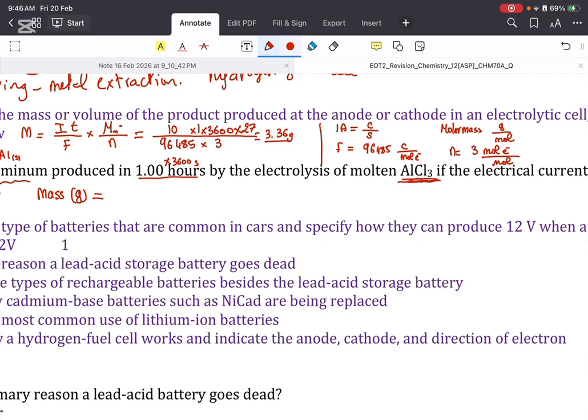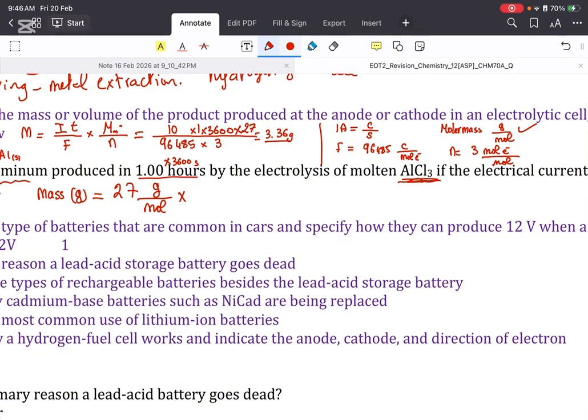I need mass. The molar mass is the one containing gram per mole, and I want gram to be in my answer. So I'm going to start with 27 gram per mole. Now I'm done with this.